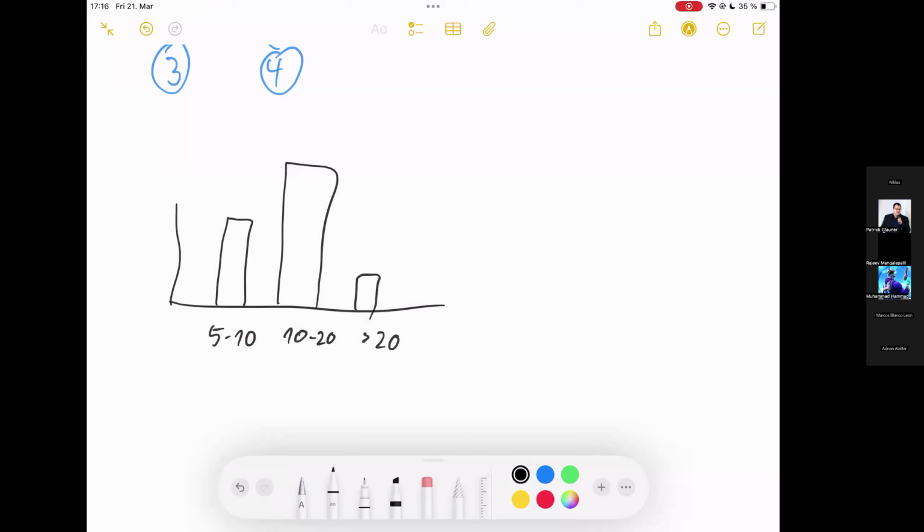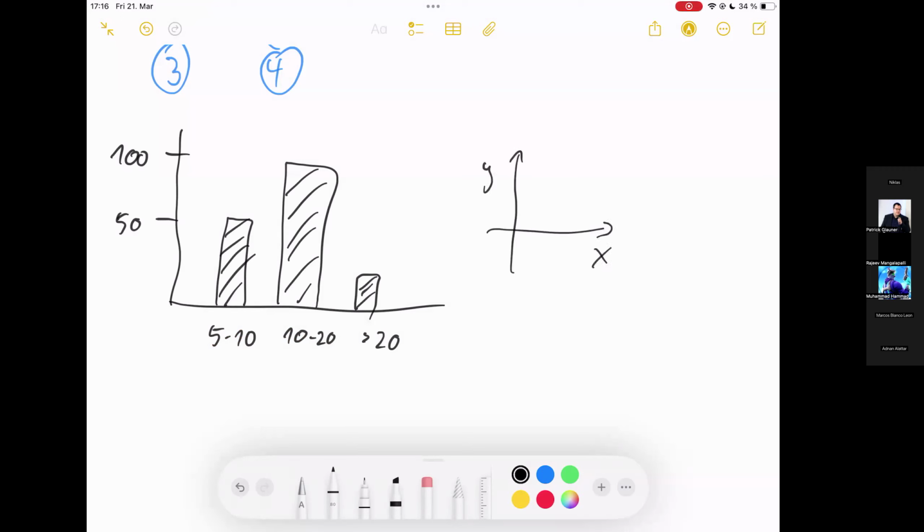So this would be some bar chart where this is maybe 100 people, 50 people or something. Sometimes they are also called graphs, or sometimes function plots are called graphs. So we have a function f of x, where we have something like this. This is also sometimes called a graph.